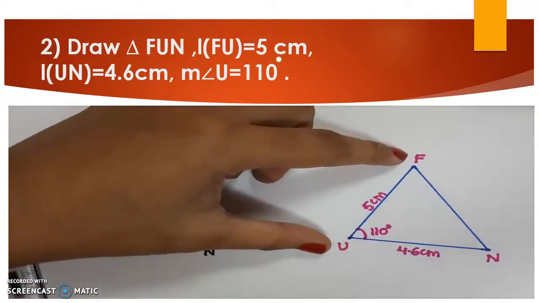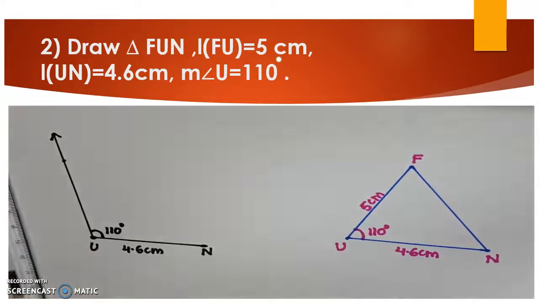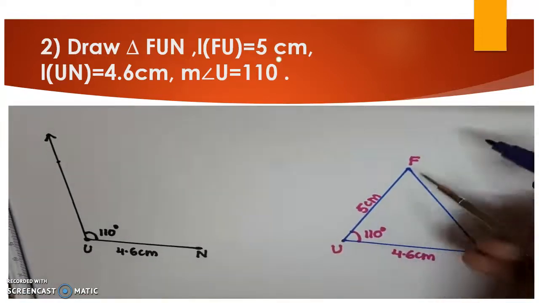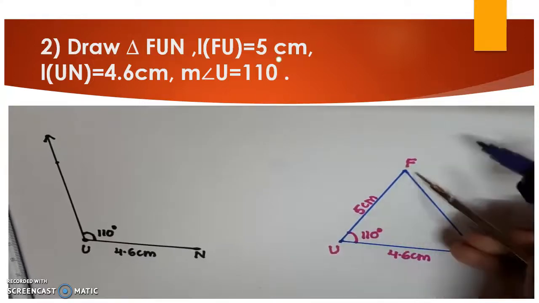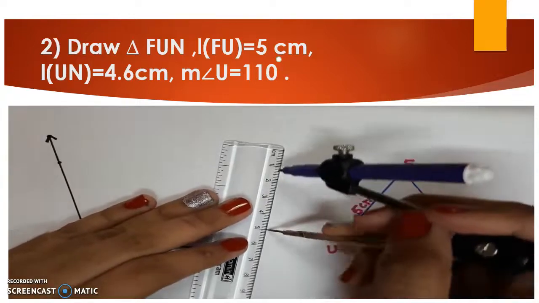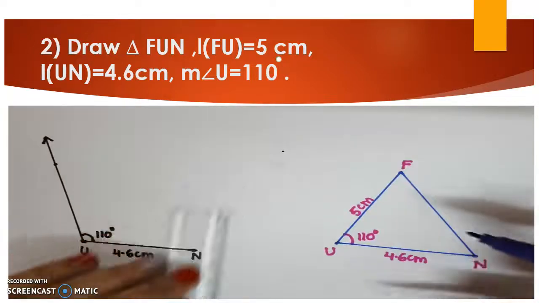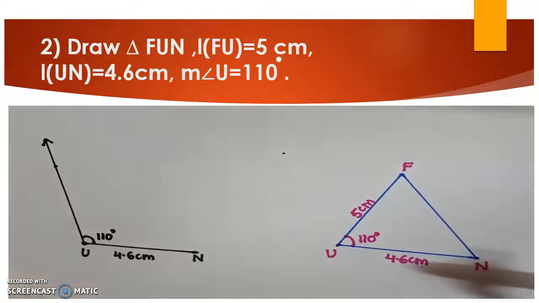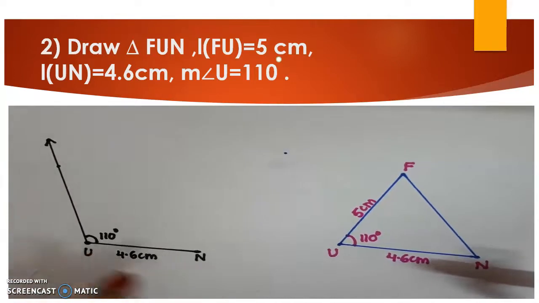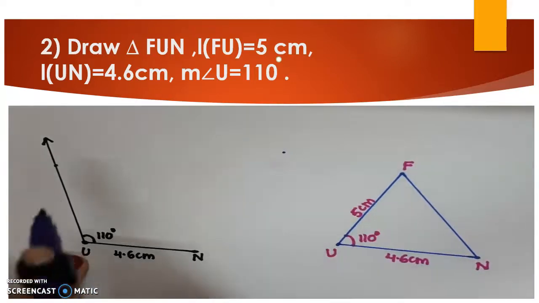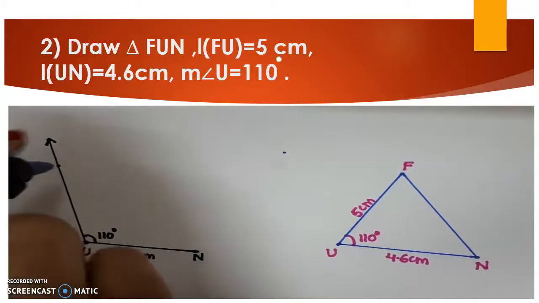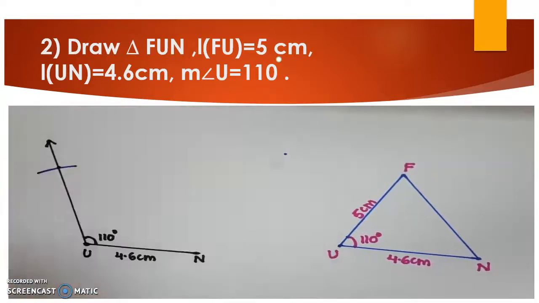Now our FU segment is left. FU is given 5 centimeter. So now we will use compass or rounder. We will take out 5 centimeter as UF or FU is 5 centimeter. So we'll open the rounder 5 centimeter. Now as FU is 5 centimeter, I don't have F anywhere, but I have U. So I will keep my compass on point U and put one arc on the ray which I have drawn just now.